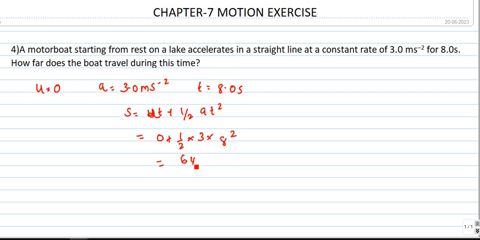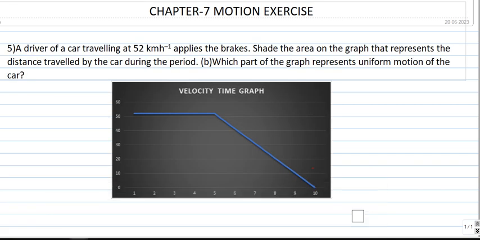So we have 64 into 3 by 2 which is equal to 96 meters. So this is the distance travelled by the boat in the given time of 8 seconds. So this sum, if you see, is very similar to the question number 4 in page number 83 which we solved in the previous video. Yes. So we will go to the last sum in this video.